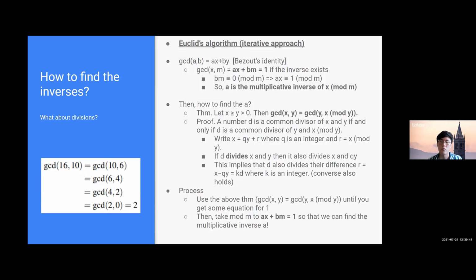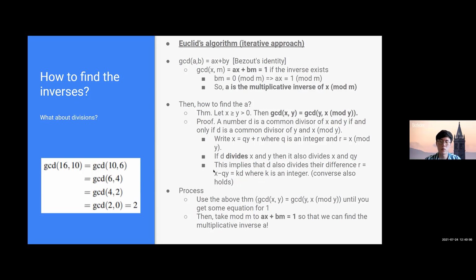Then you can write x always as a multiple of y plus some remainder, and you can also say R is equal to X mod Y by the definition of the modulus, right? If D divides both X and Y as a factor, then it should also divide X and the multiples of Y, which implies that it also divides the difference R equals X minus QY.